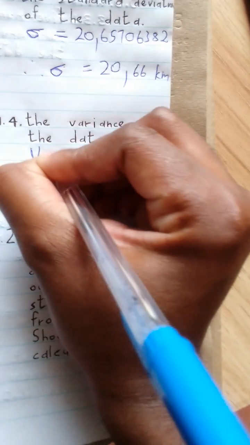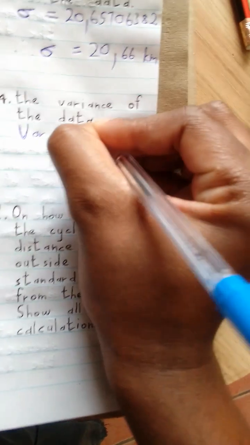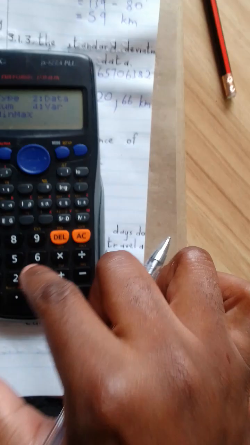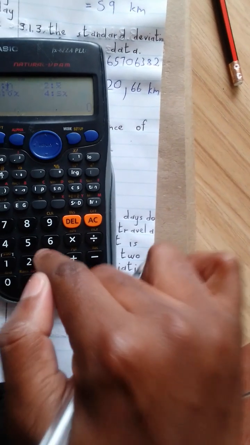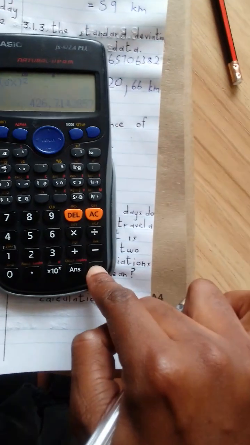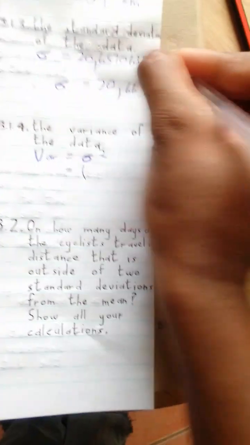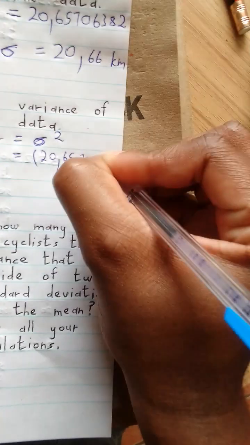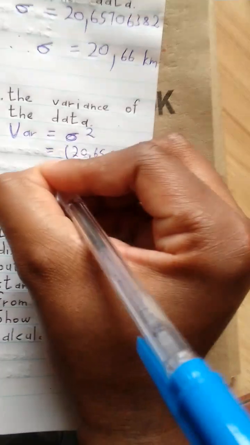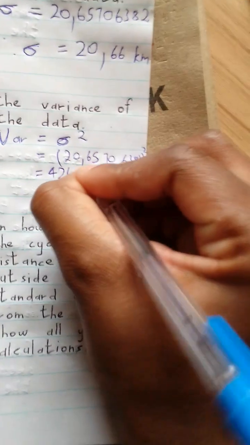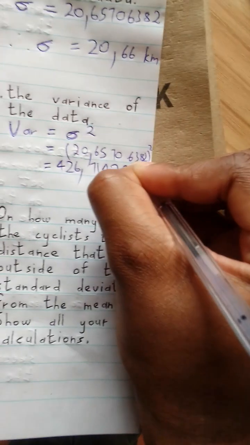Variance is standard deviation squared, so we can insert this whole thing, we can just say this squared, 426 7142 857.